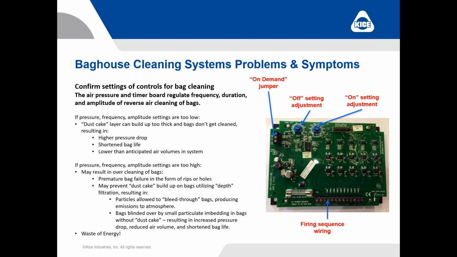What those are going to control is how much time between firings, how much time those solenoids are off to allow the air tank to build pressure, and the on time is how long those solenoids are on, how much time you get the air to blow out of the tank and into the baghouse.